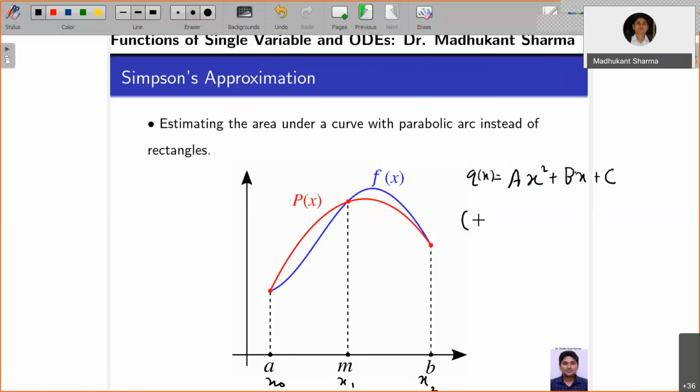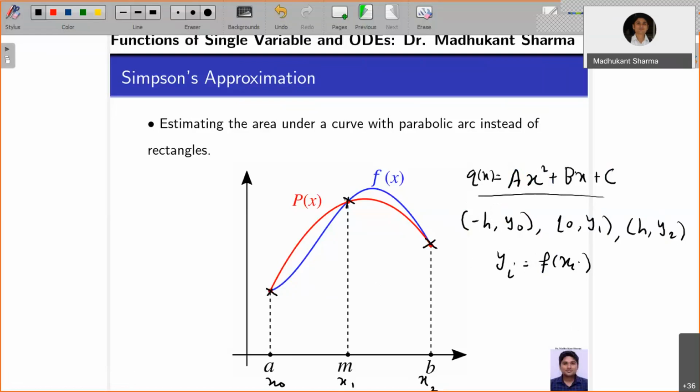They are minus h comma y0, 0 comma y1, and h comma y2. Here yi is nothing but f at xi. These height values are nothing but y0, y1 and y2. So you have this quadratic curve passing through these 3 points. So you can certainly get these constants.